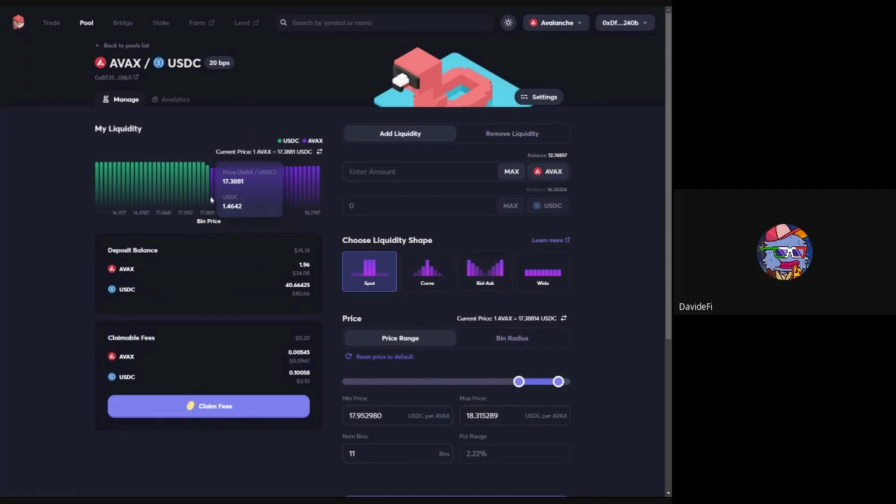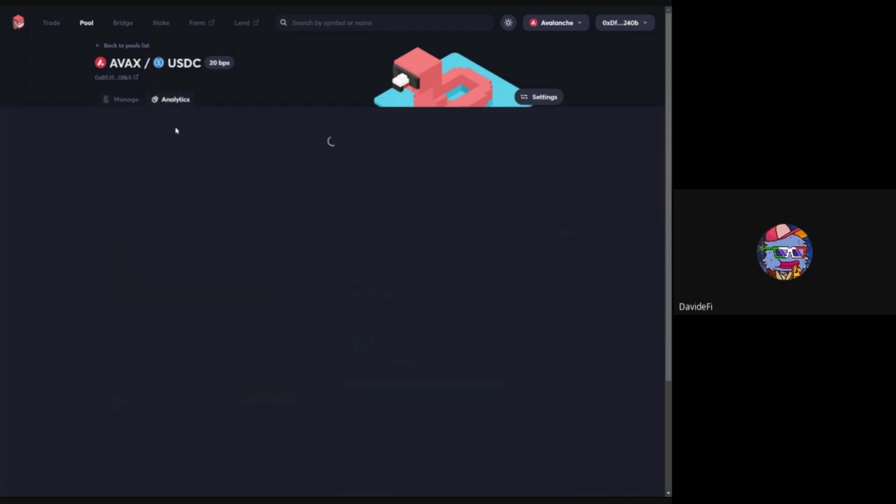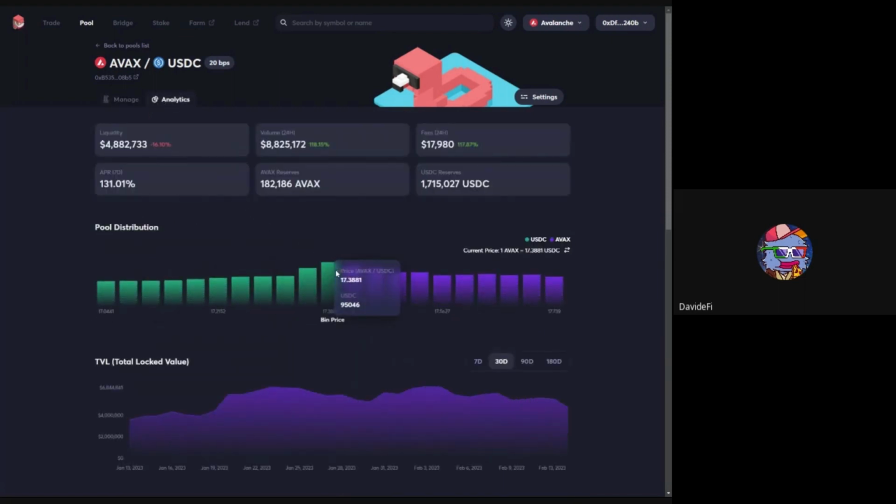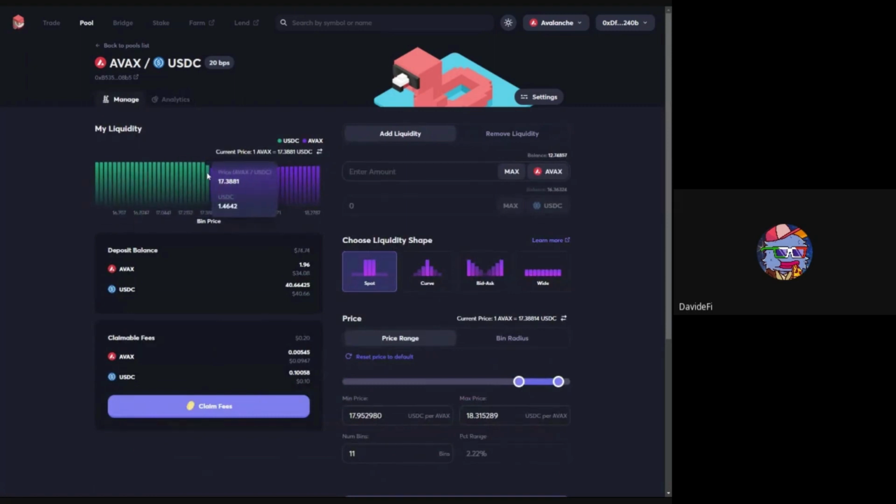So in proportion with wide, you're exposing yourself to lower fees, but a wider range. If you expect price to move little and you want to rebalance frequently, you expose yourself with a tighter range to higher impermanent loss, but higher fees at the same time.